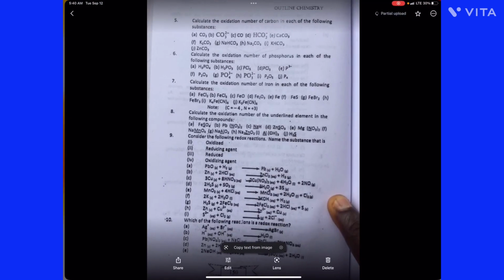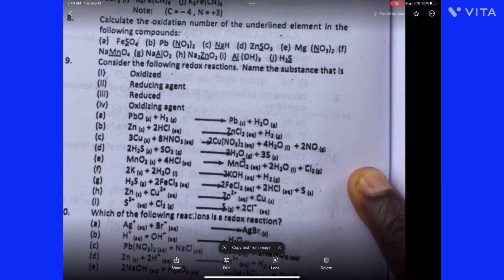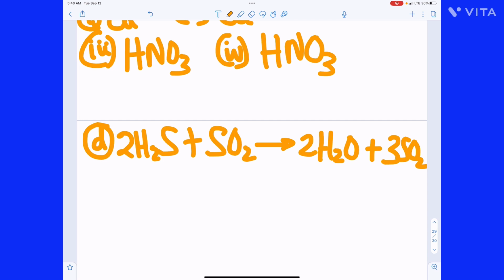Am I right? I don't want the S to touch the 3. Okay, I think that's better.